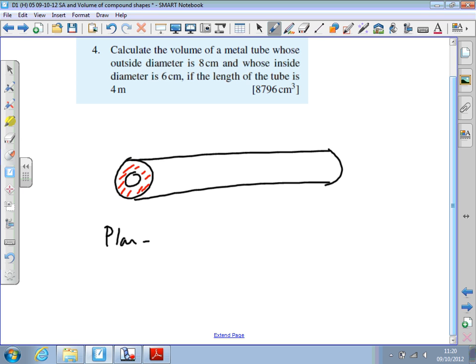To find the area of that end. Right, so find large area and subtract small area.